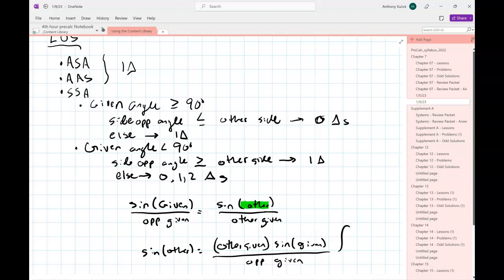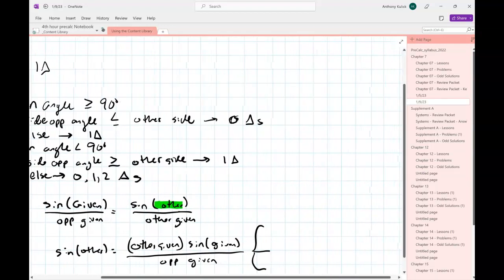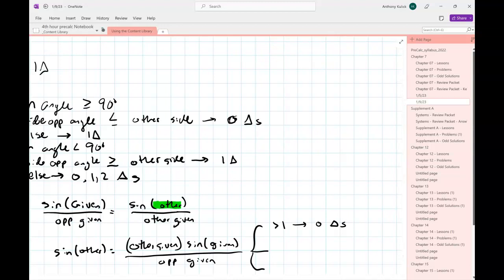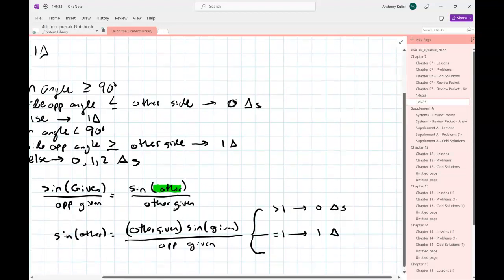Depending on the size of this number, it tells us which outcome we have. So if this number is bigger than 1, that's the impossible situation. If it's equal to 1, that's just one triangle.